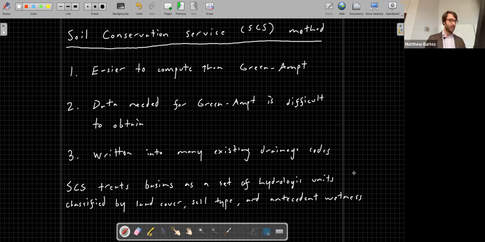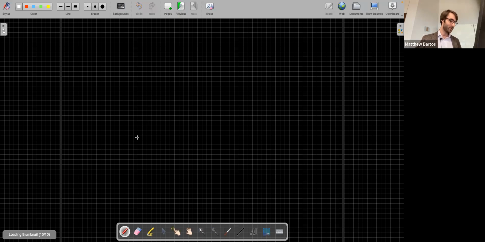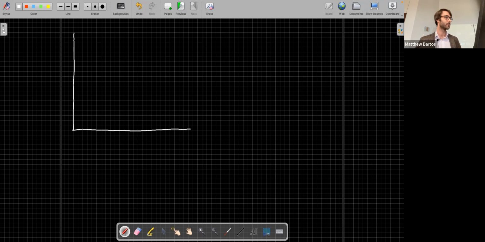Let me give you a conceptual overview of the SCS method before we get into how to compute the SCS infiltration and runoff. In a sense, it behaves much like Green-Ampt does. So let's say we have the following plot, and let's say we have some rainfall.